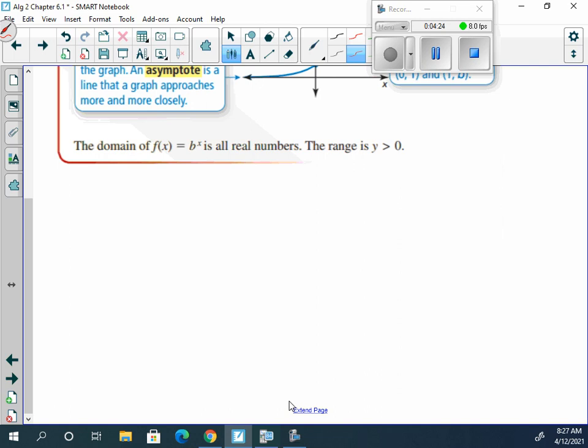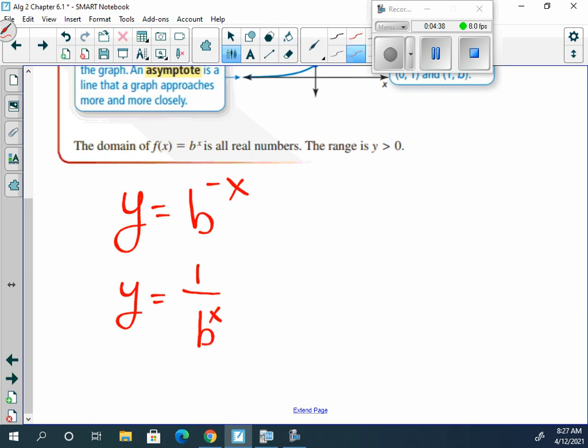Because as we plug negatives in for x, or b to the negative x, for those negative values of x, well, if x is negative, it moves to the denominator. Because if the exponent is negative, it goes to the bottom of the fraction. That's the way we can make it positive. But can we ever divide by 0? Well, no, we can't divide by 0.